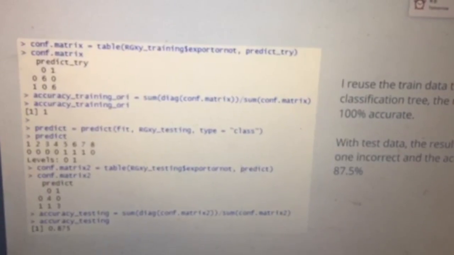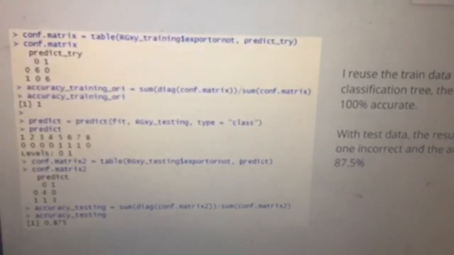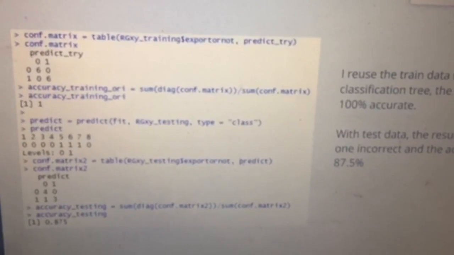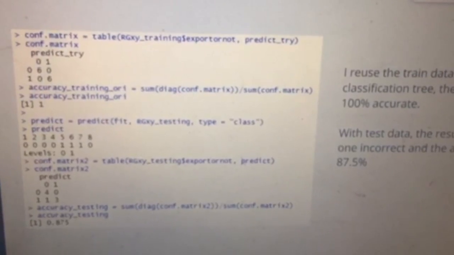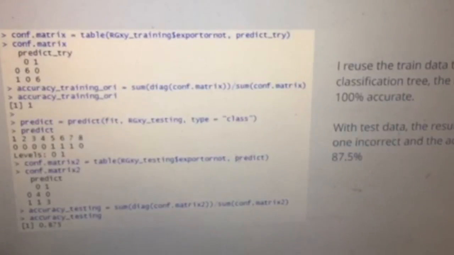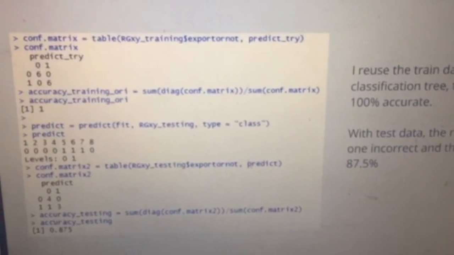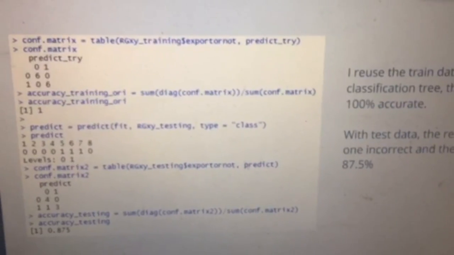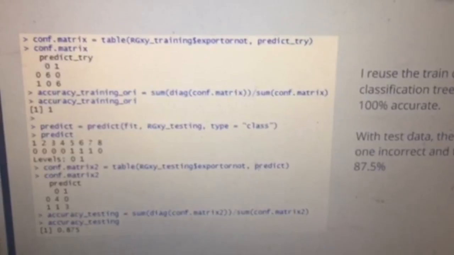The result is only 1 error in the prediction, and the accuracy is 87.5%. So I would say if I have more data, the classification tree will be more accurate and more useful as well.